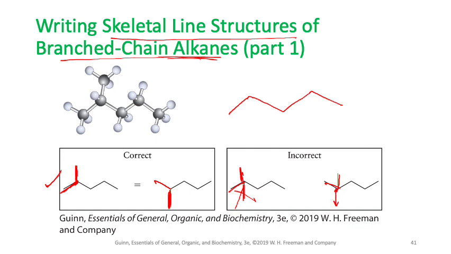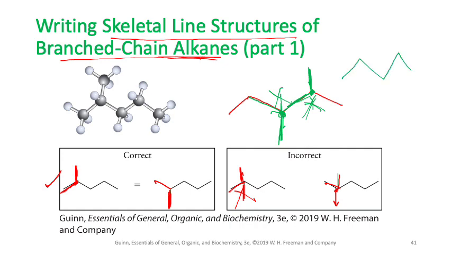Let's take an example over here. If I have to make a branch on this carbon, should I go up or down? This strand is going downward, so we should put a branch over here, not on the top. What about the branch on this carbon? It is an upward trend, so that branch will go up, not down. So make sure you practice a lot to make a branched chain on a line structure formula, the skeleton line structure.